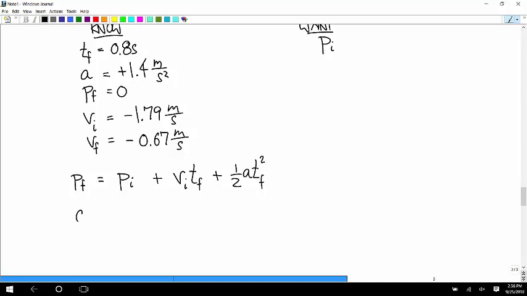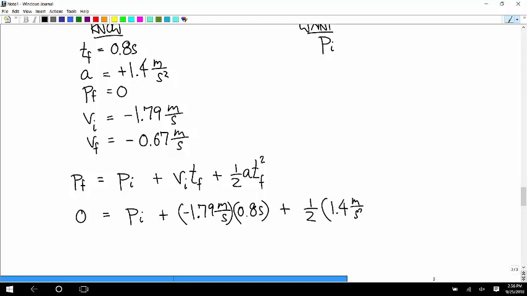So we have 0 is equal to P initial plus negative 1.79 meters per second times 0.8 seconds plus 1/2 times positive 1.4 meters per second squared times 0.8 seconds squared.